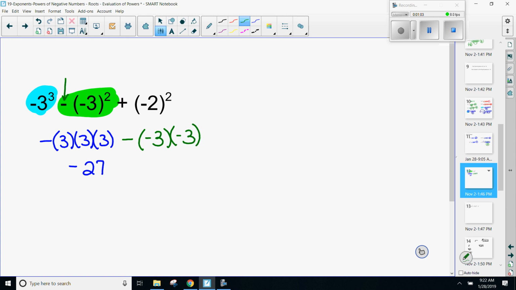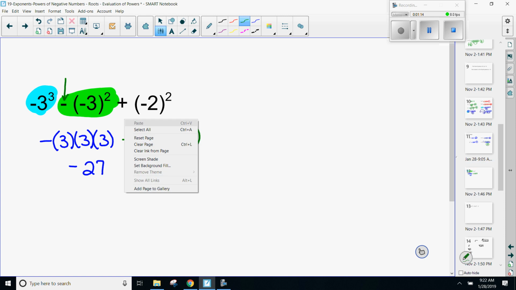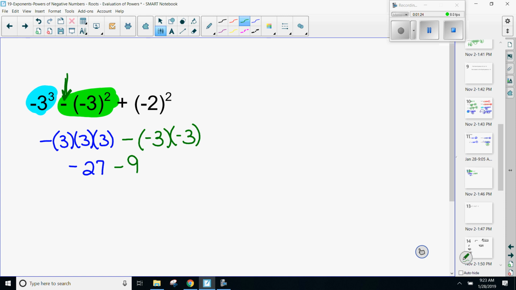Now if you look at that, as I expand that out right there, what's the sign of that second term? So negative 3 times negative 3 is positive. Oops, covered it up. Negative 3 times negative 3 is positive 9. And this negative right here makes it negative 9.